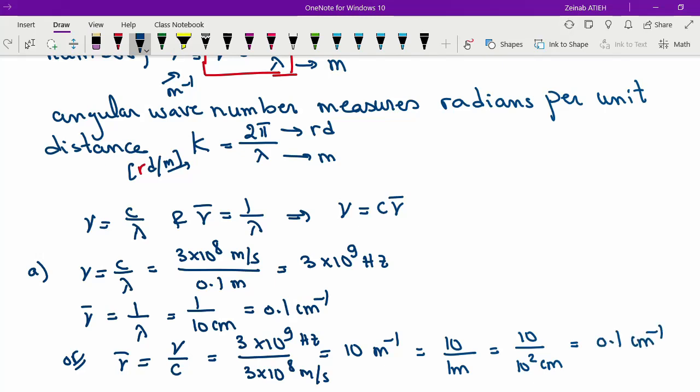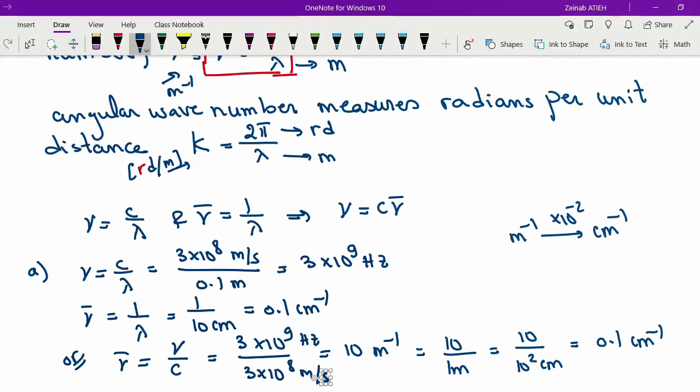So you can see that to move from meter minus 1 to centimeter minus 1, I have to divide by 10 to the power 2, or I can multiply by 10 to the power minus 2. So this is our trick.